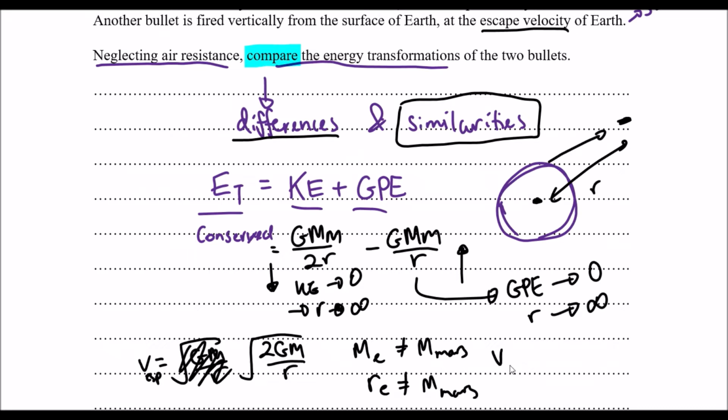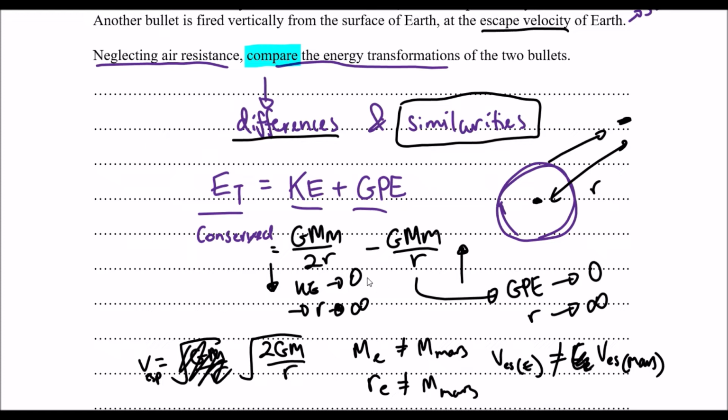So we don't expect the escape velocity on Earth to be equal to the escape velocity on Mars. That's what we can tell from this at the very least. Okay, so there's that.